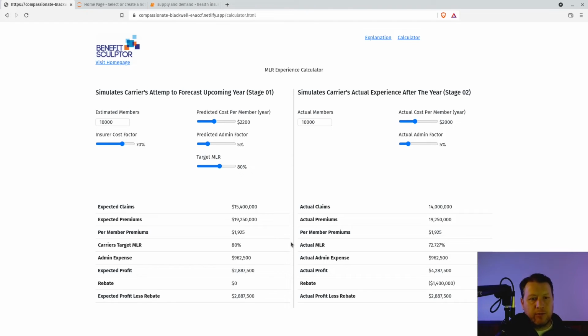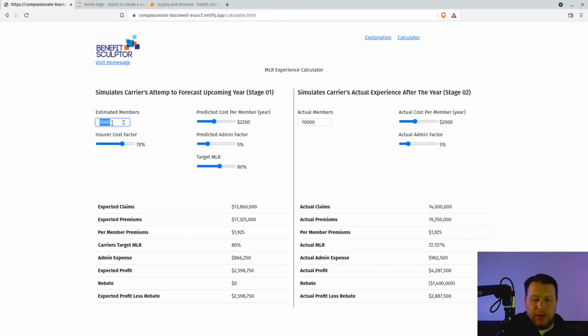So the higher the premiums go, the lower the number of people that will enroll on this product. Let's just keep things simple. Because we increase the cost by 10%, we're going to lose membership by 10%. So we went from 10,000 to 9,000. And as you can see, we now have an expected profit of almost $2.6 million, but not quite. The insurance carrier lost money in doing this.